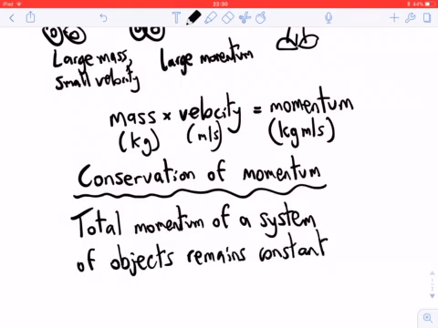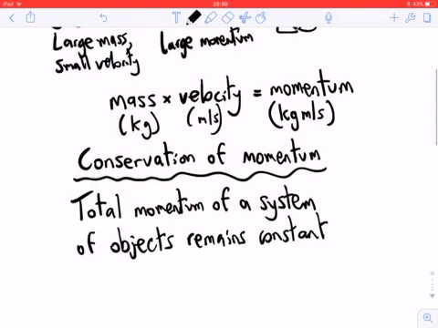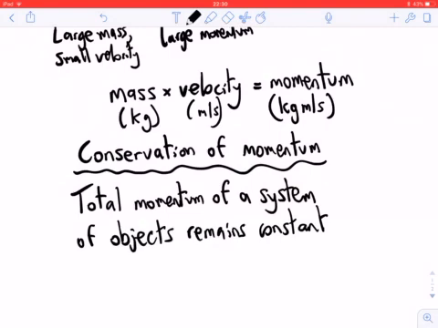In other words, if you add up each of the individual bits of momentum of your interacting objects, whether that's billiard balls banging into each other on a billiard table, or asteroids colliding, or objects exploding, if you add up all the individual bits of momentum before the collision or the explosion, and if you add them up afterwards, you'll get the same amount. The total amount of momentum remains constant.